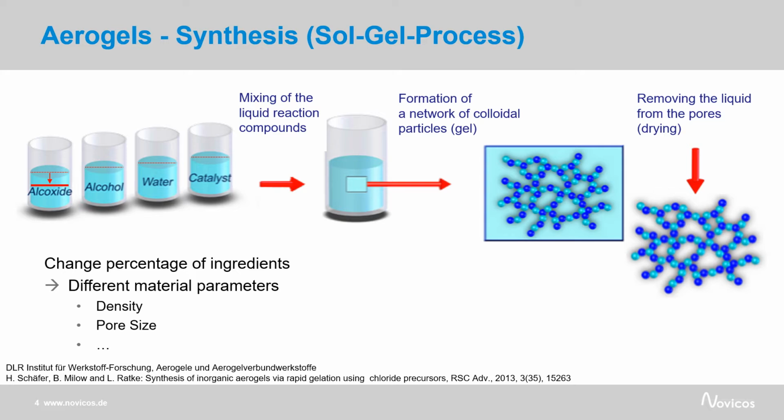In the following, we will discuss two materials with different amount of alkoxide but the same amount of the other compounds. Reducing the percentage of the alkoxide with the same volume of the other ingredients, the resulting material has definitely a lower density, and we will see that also other parameters are influenced by this change.